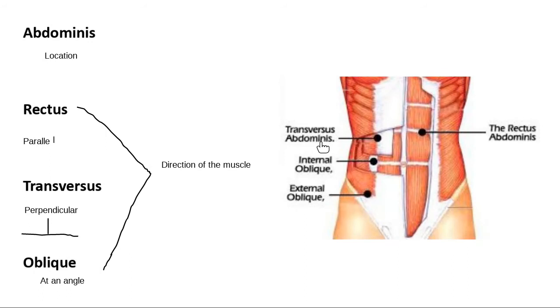If the question asks what information the word transversus tells me, you would tell me that it's the direction of the muscle fibers. If I ask you what this word abdominis means, abdominis doesn't tell me about the direction of the fibers. Abdominis tells me about the location of the muscle.